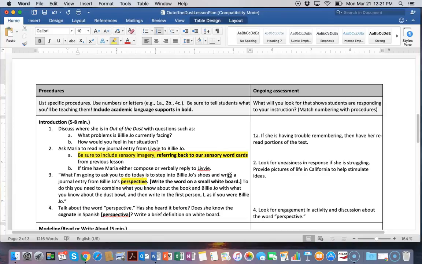So think, feel, it could be taste, like if you taste the dust in your mouth. It could be things that the student sees and descriptive words of things that the main character, Billy Joe, notices in the novel, that sort of thing.